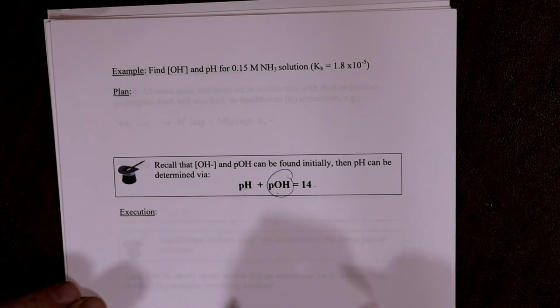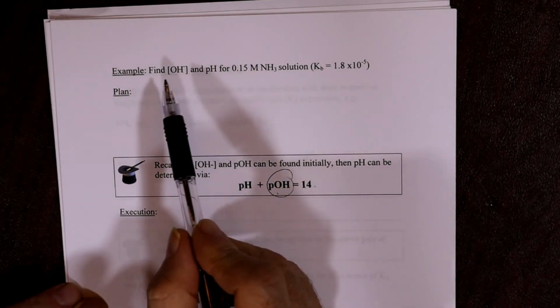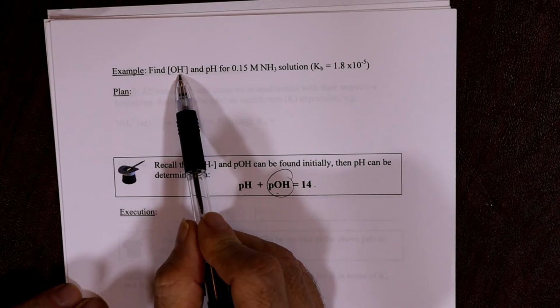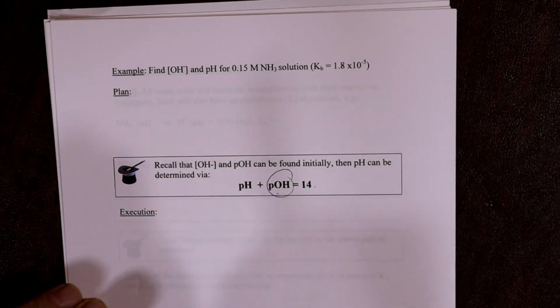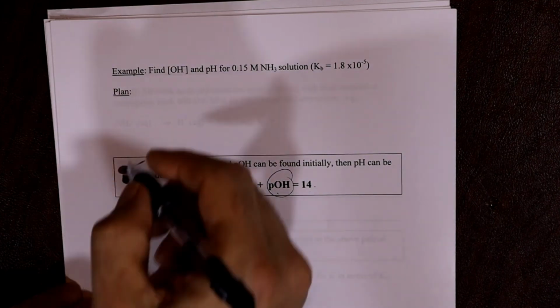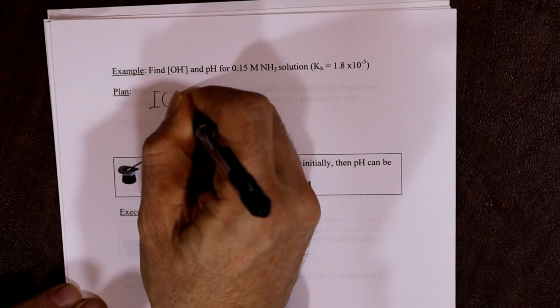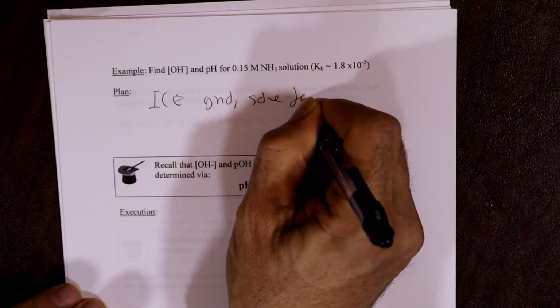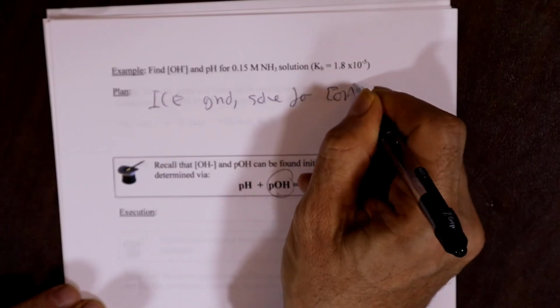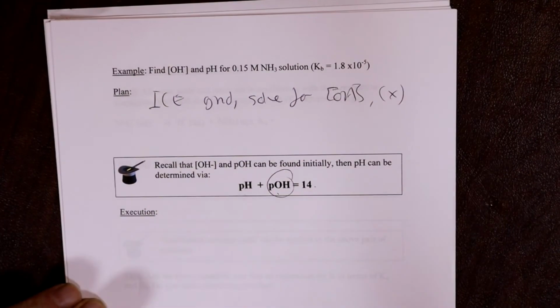So let's look at this. Find the OH minus concentration and pH for a 0.15 molar ammonia. Kb is known. Okay. So the plan, go to the ICE grid, solve for OH minus ion concentration, which is going to be x when we get to it.